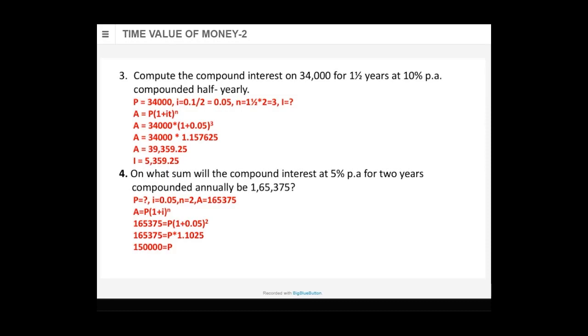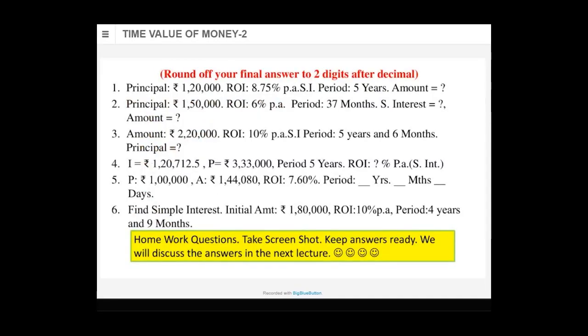Currently the only person in this conference. As I said, here comes your homework. Take a screenshot. Down it says homework question. You are currently the only person in this conference.